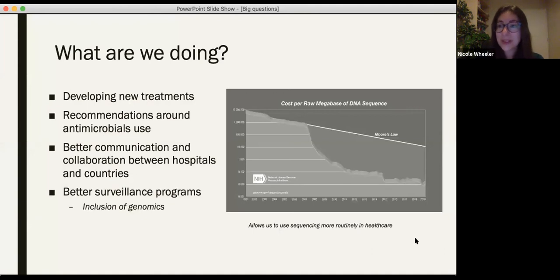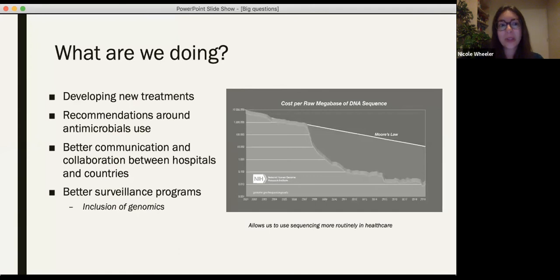So what are we doing about infectious disease and antimicrobial resistance? One of the things we really hope to work on is developing new treatments for infectious diseases. But new treatments are hard to come by, and it can be really hard to get them to market. So we're also trying to develop better recommendations around responsible antimicrobial use to try and preserve the treatments that we have today.